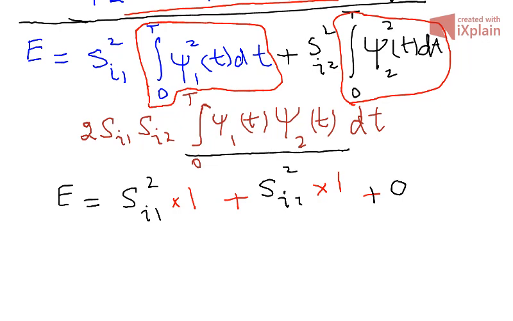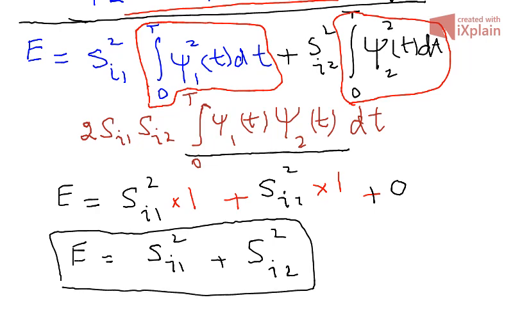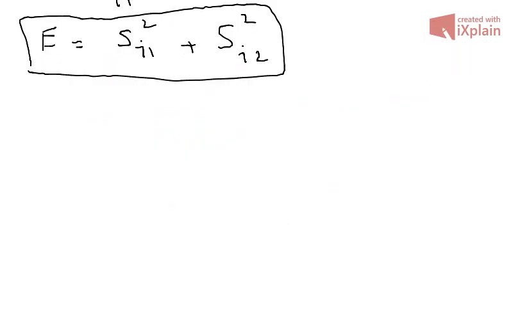So the expression for energy actually equals ψ1 square plus ψ2 square. Now this is our expression for energy.